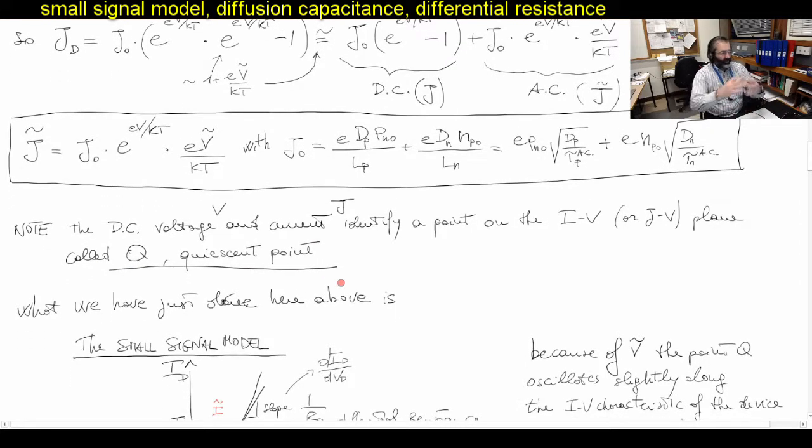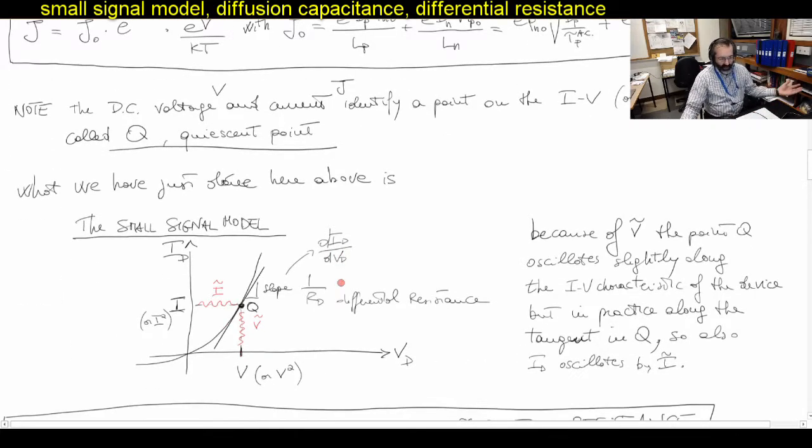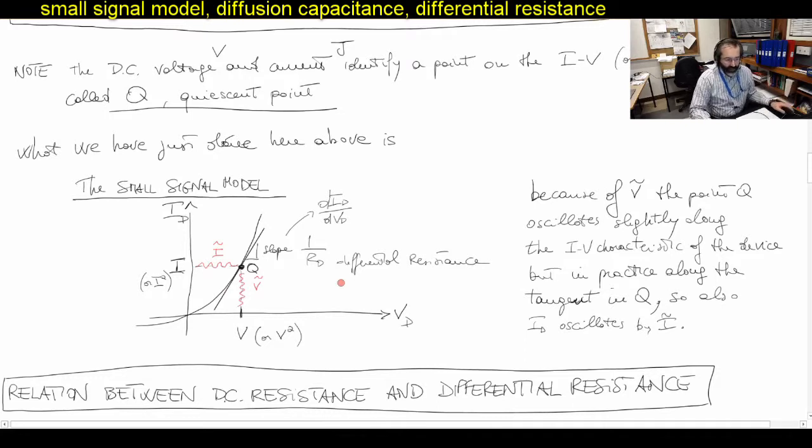And remember, all this, as I've already said, falls into the framework of the small signal model that we've just seen in chapter 1. So here we have our nonlinear IV curve, and this is the quiescent point identified by the DC voltage V and the DC current I, which sometimes we also indicate as VQ and IQ.